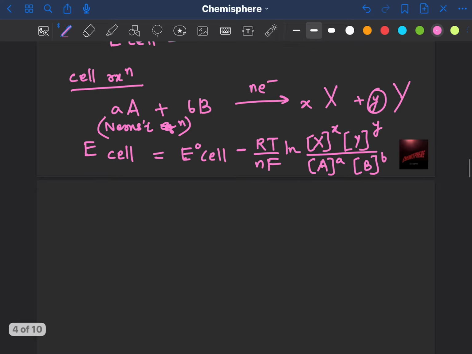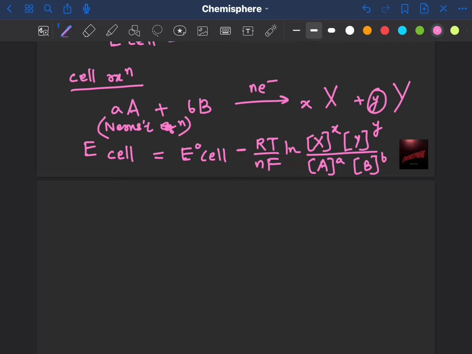Okay, so in this, E cell is the cell potential, E naught is the standard electrode potential, R is the gas constant, T is the temperature, n is the number of electrons involved, F is Faraday's constant, and ln is log base e.